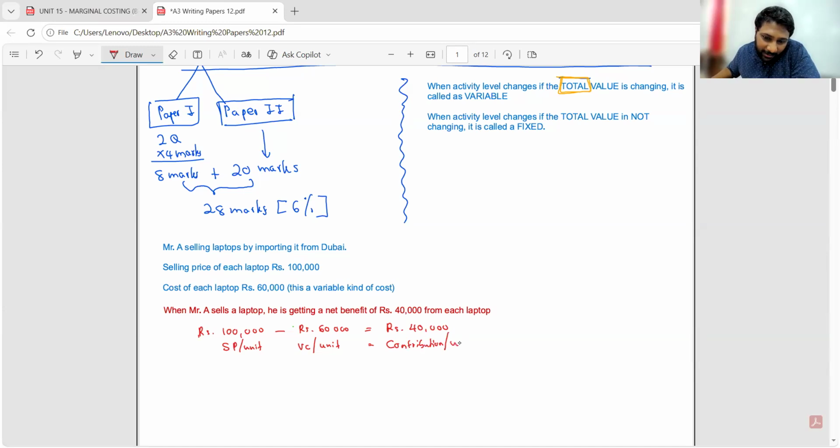Contribution per unit. Write down. Quickly write down. Now we got one learning from the story. How to find the contribution per unit? Selling price per unit minus the variable cost per unit.